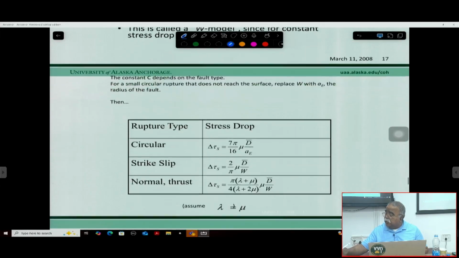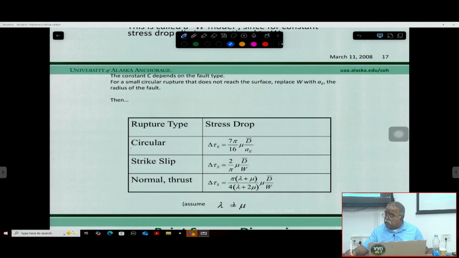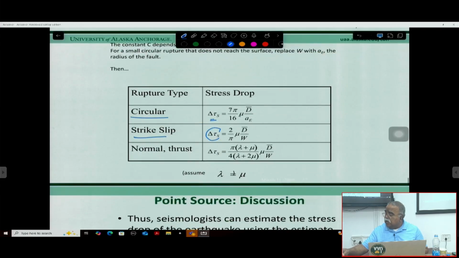Now in case of your circular rupture, delta tau equals 7 by 16 mu into d by r. In the strike slip fault, the stress drop will be equal to this, and for the normal this will be equal to this, and we are assuming lambda is not equal to mu.